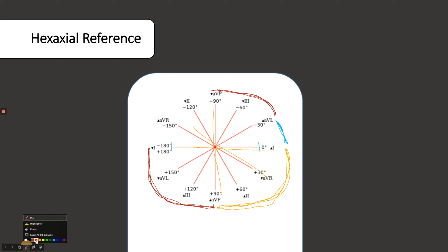And then over on the top end, from negative 180 to negative 90, whatever, this is extreme right axis deviation, which means essentially that the electricity is starting from the bottom and working its way back up, is how I can think about that.